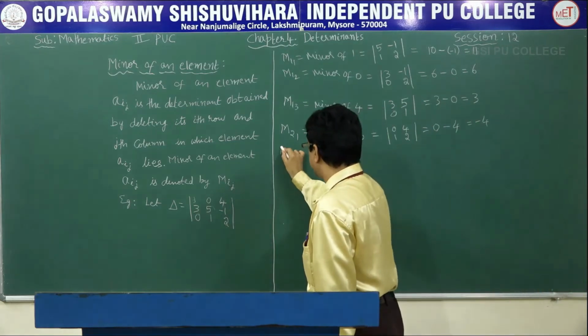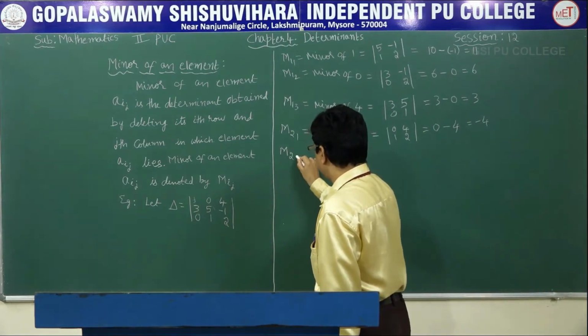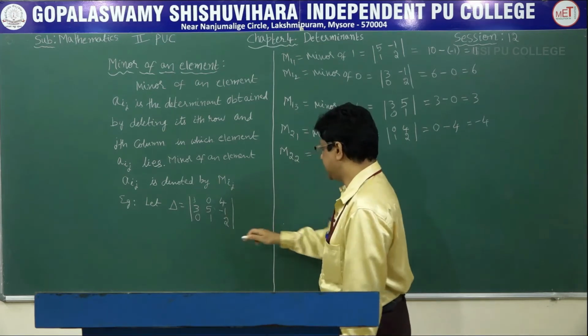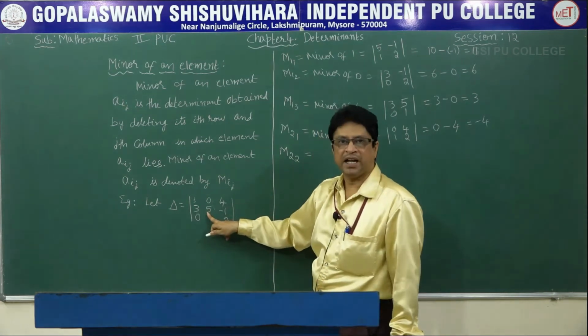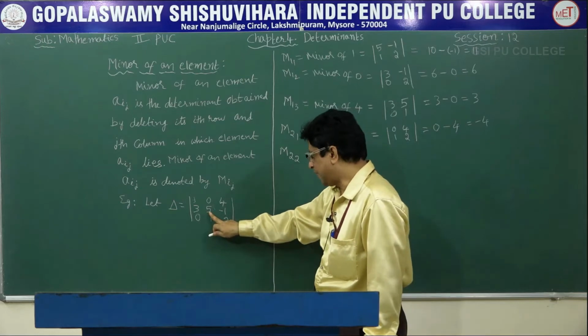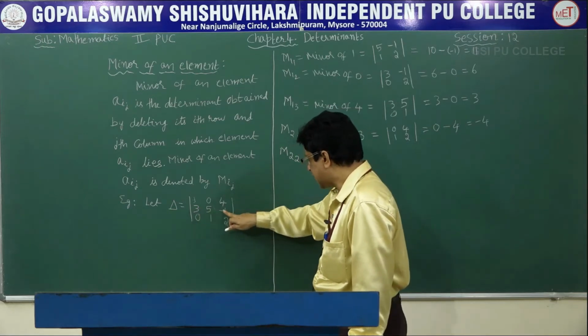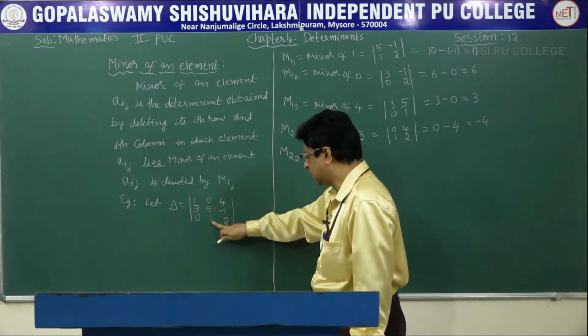Next M22, that is we are finding the minor of an element 5. So 5 lies in the second row and second column.